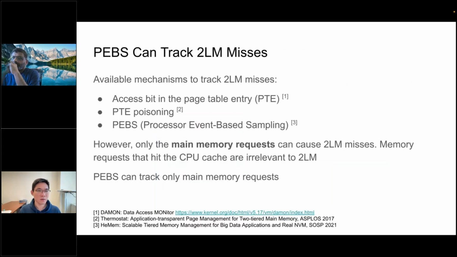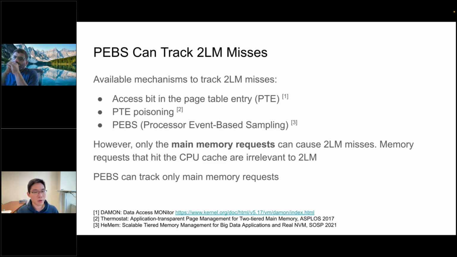And so there are several mechanisms we can use to track 2LM misses or in general any main memory request. For example, we can look at the access bit in a page table entry, or we can use PTE poisoning to use page faults to track memory accesses. And we have PEBS, which is an acronym for Processor Event-Based Sampling.